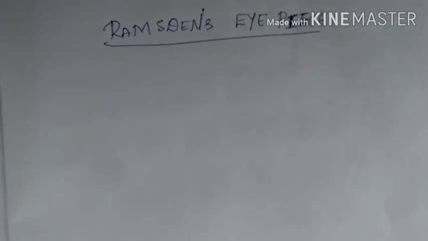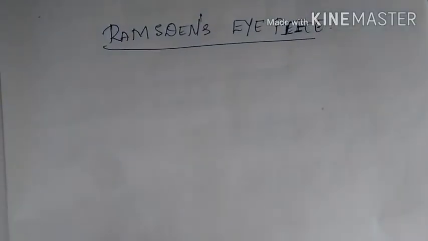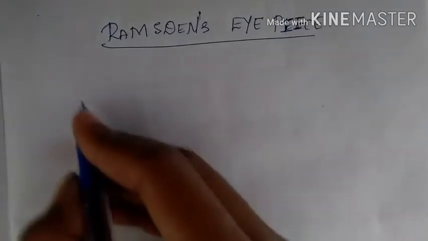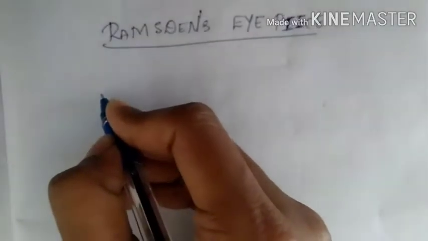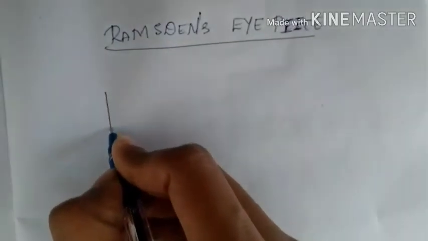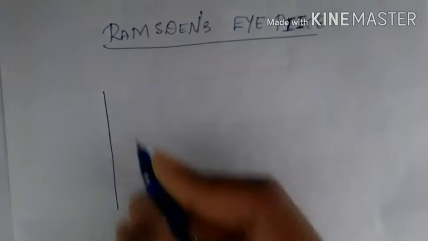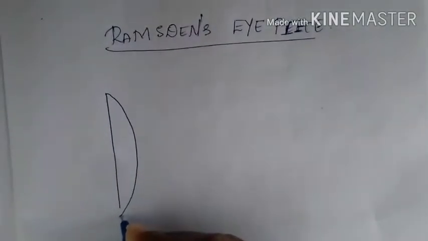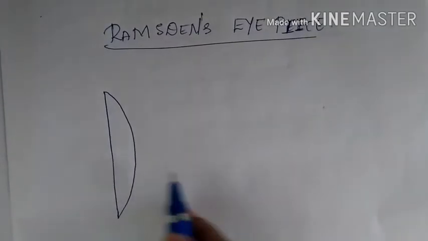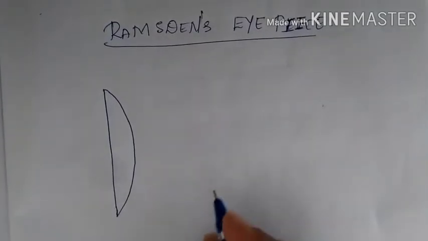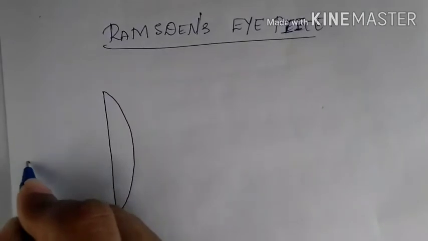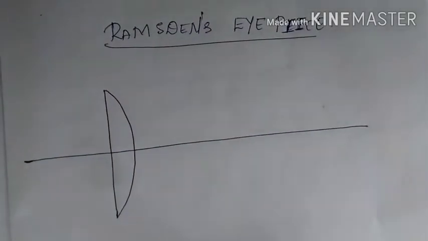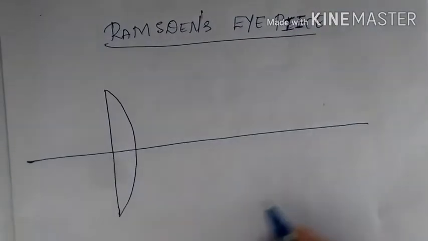So let us start. This Ramsden's eyepiece consists of two plano-convex lenses. Let this be lens 1, and there will be another lens kept at a distance from the first plano-convex lens.